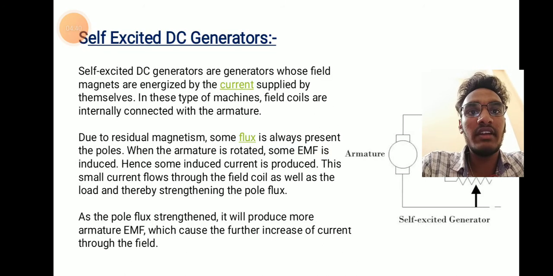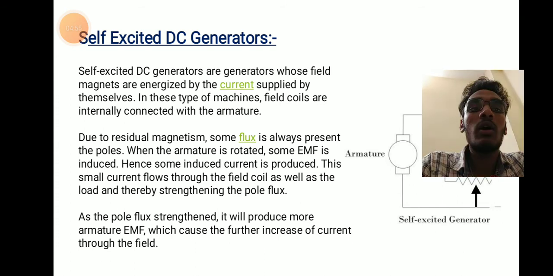Self-excited DC generators. Self-excited DC generators are generators whose field magnets are energized by the current supplied by themselves. In these types of machines, field coils are internally connected with the armature.